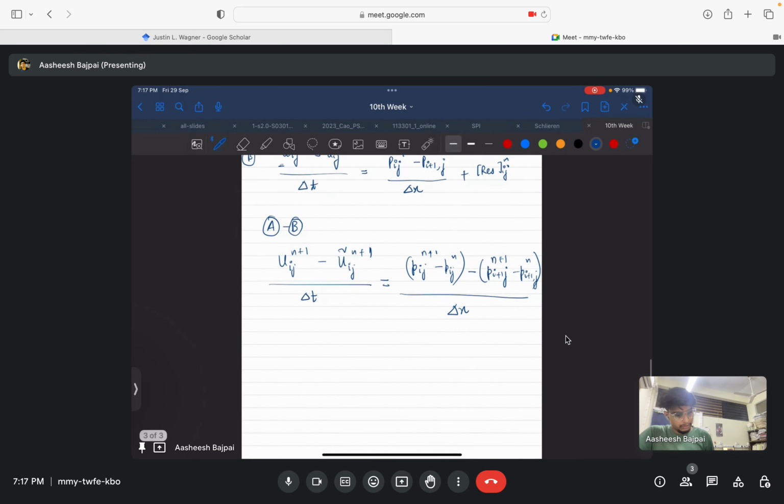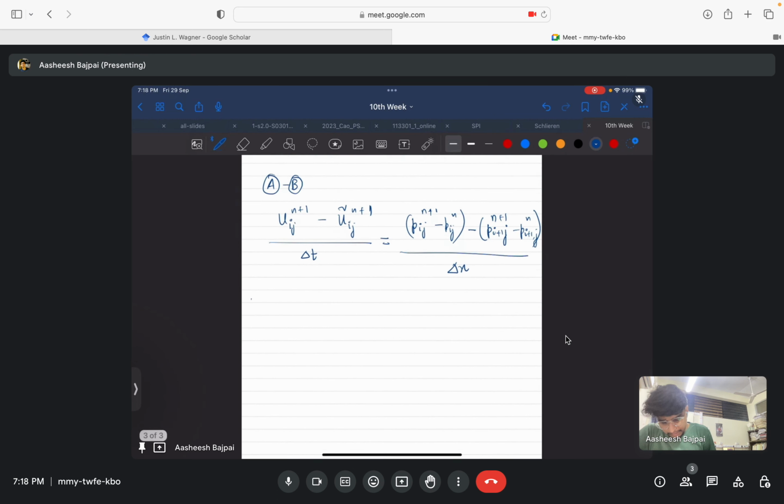Then next is the same term, U_ij at n+1 minus U tilde_ij at n+1 is equal to delta t by delta x. And suppose we call this P_ij at n+1 minus P_ij at n, I am calling this P dash_ij.